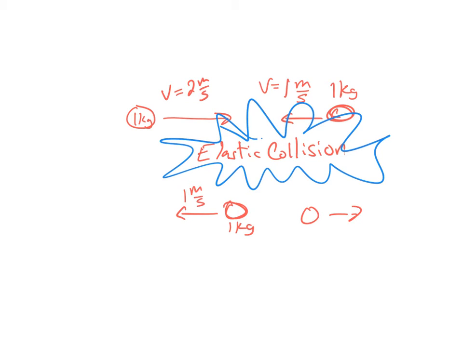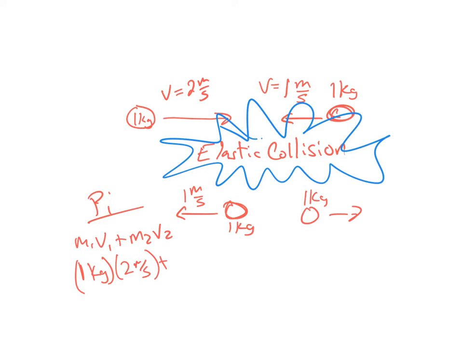How fast does object 2 travel? So, quick math, we have m1 v1 plus m2 v2. This is our initial momentum. So we have 1 kilogram times 2 meters per second plus 1 kilogram times, and here's where we have to be careful, negative 1 meters per second, because it's moving the opposite direction.